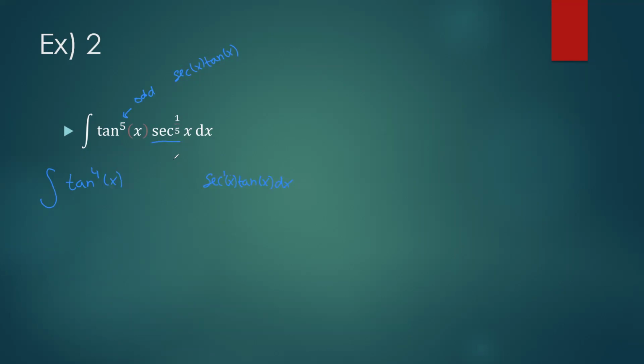So I would have to make this secant negative 4/5 x. Why? Because we still need to get secant of 1/5 x. If I factor out a secant x tan x, this can't change, but secant of negative 4/5 times secant of 1x, when you're multiplying powers, you're adding, right? So negative 4/5 plus 1, or 5/5, is 1/5.